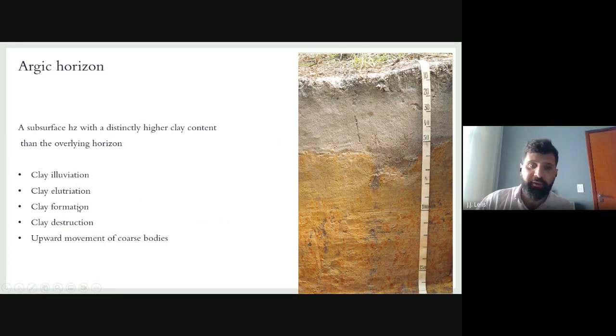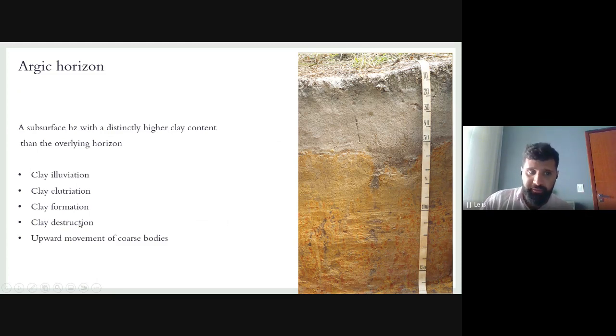We can also see the argic horizon related to clay formation in the subsurface horizon, because weathering and leaching produce a higher content of clay there.